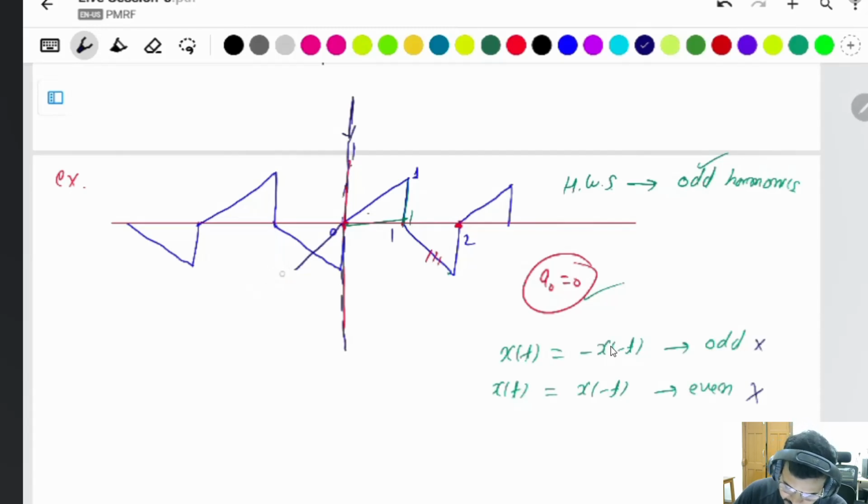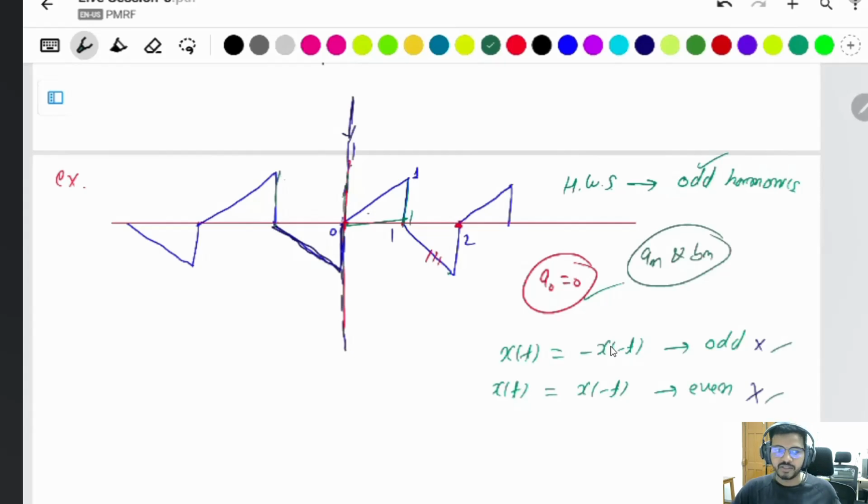If you shift the negative here, then the negative of this one will be here and here. This positive portion is not exactly the same. That's why this is not an even signal and not an odd signal. Then An and Bn both are present. It means sine and cosine terms both are present in this case.